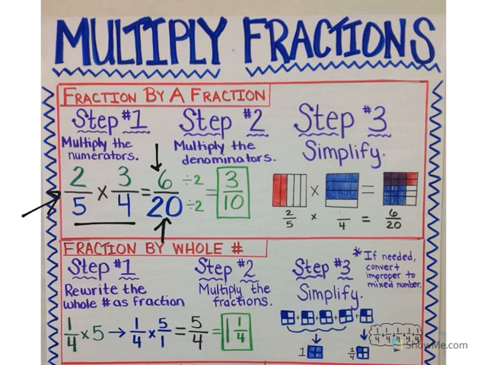Here, they showed with a little picture, the 2/5 and the 3/4, and you could see that they did this to solve. So they solved it, but you could reduce simply by finding the greatest common factor. In this case, the greatest common factor was 2. So 6 divided by 2 is 3, and 20 divided by 2 is 10. So when you're multiplying fractions, multiply your numerators, then multiply your denominators, and then simplify if possible.